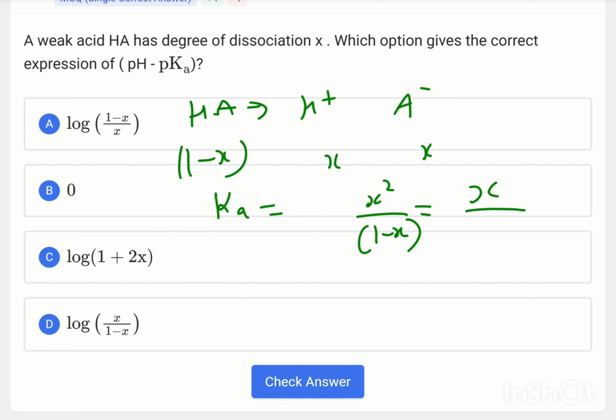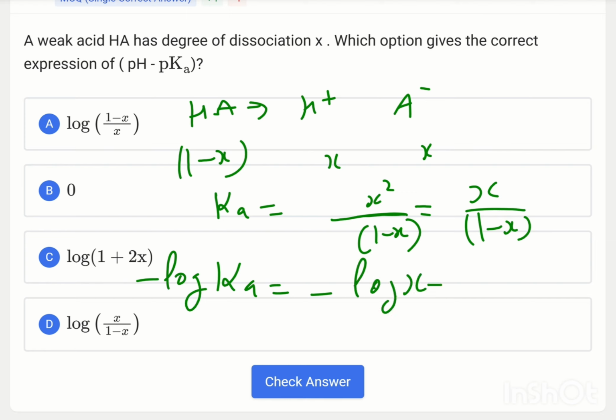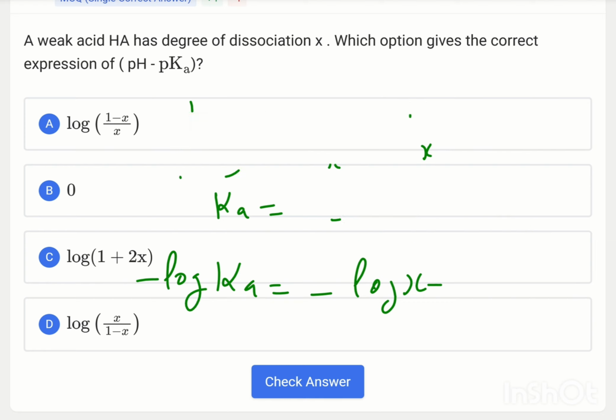So Ka is X square upon 1 minus X. Now if I take log here, it will be minus log Ka is equal to minus log of X and so on. Okay, we cannot solve this question like this. We have to use something else. Let us try this question again.